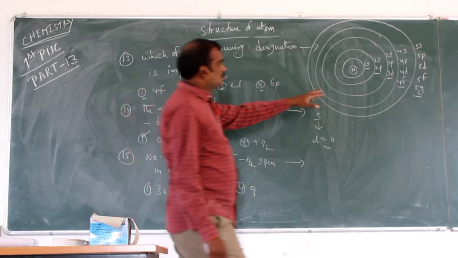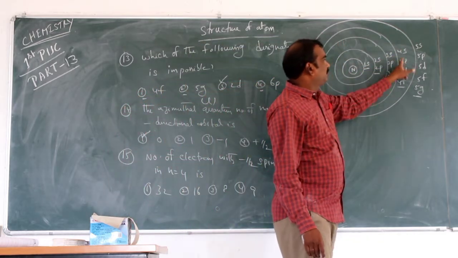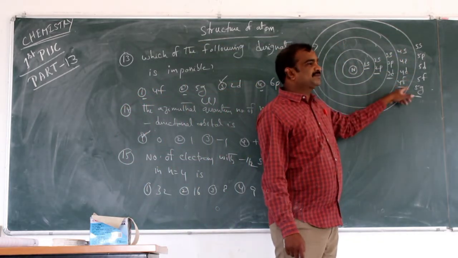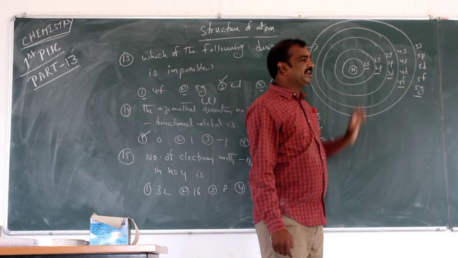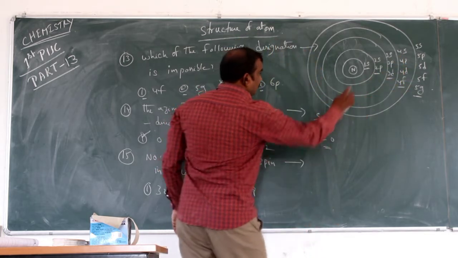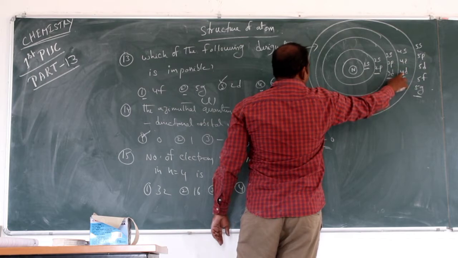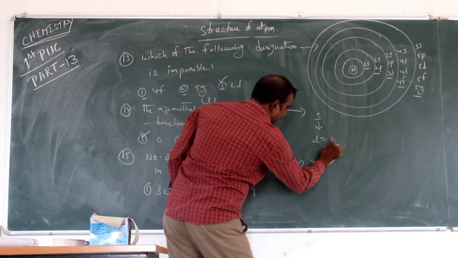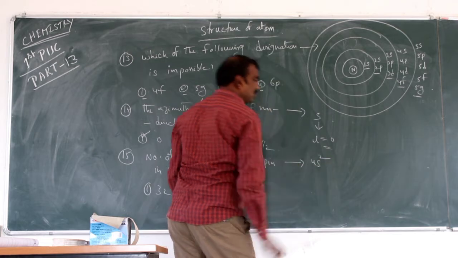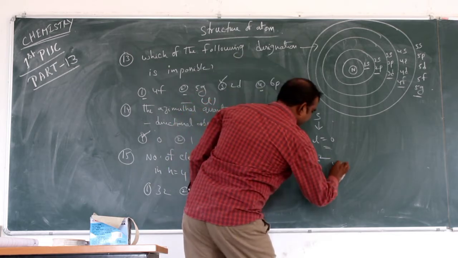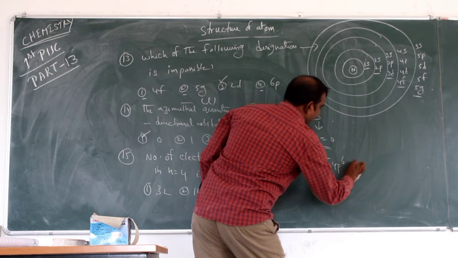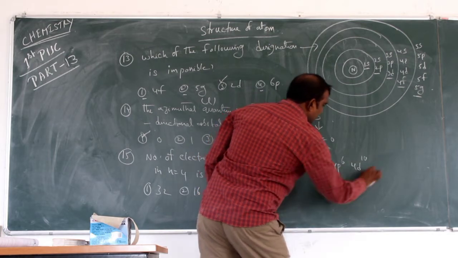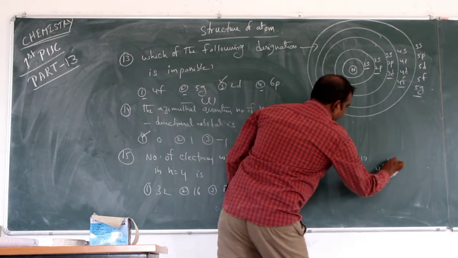So here we wrote the 4th orbit. What are its subshells? 4s, 4p, 4d and 4f. 4s, how many electrons maximum? 2. Next 4p, 6. Next 4d, 10. Next 4f, 14 electrons.